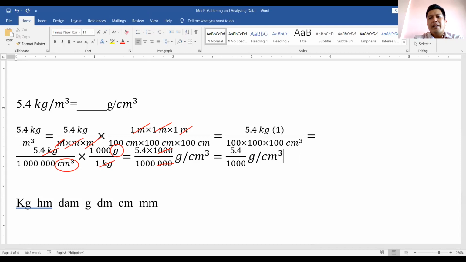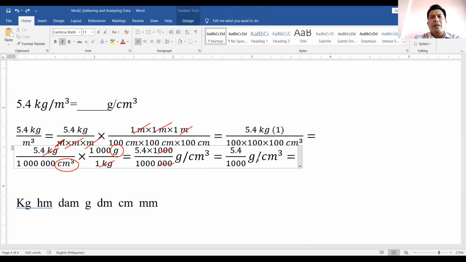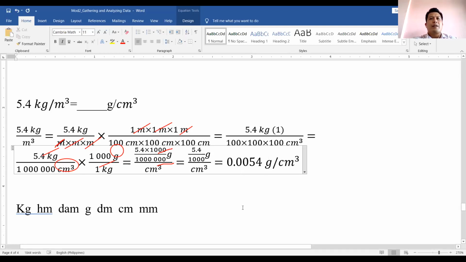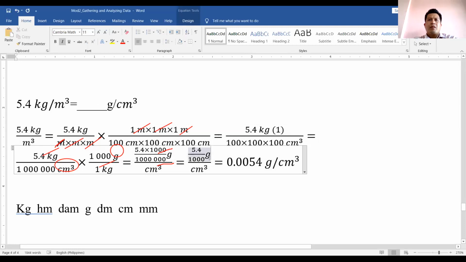And then divide 5.4 by 1,000. So that is 0.0054 grams per cm cube. So we have now the answer. So this is the answer, class. 0.0054 grams per cm cube.